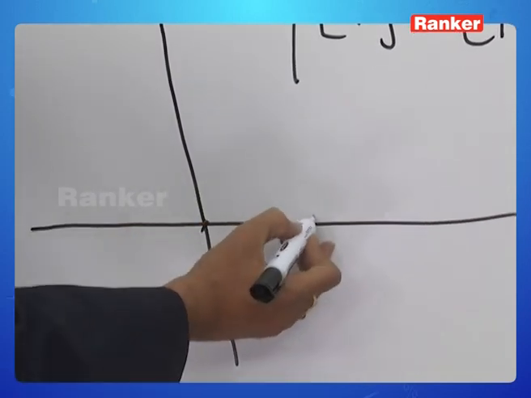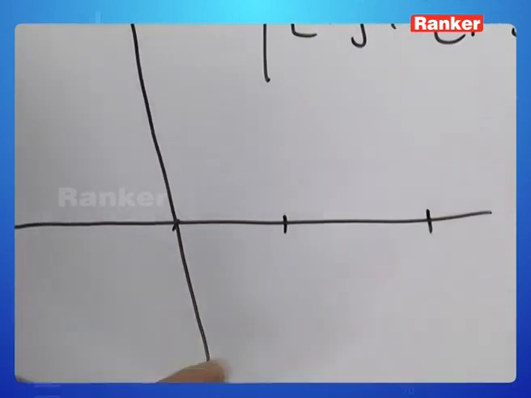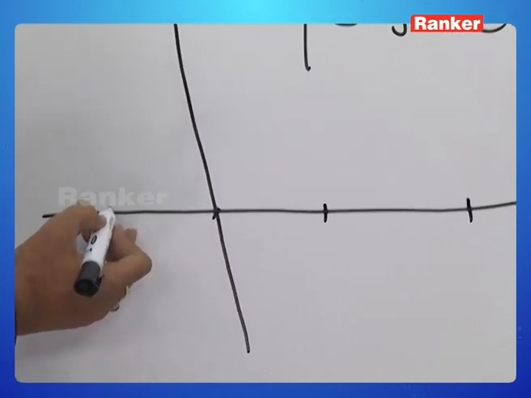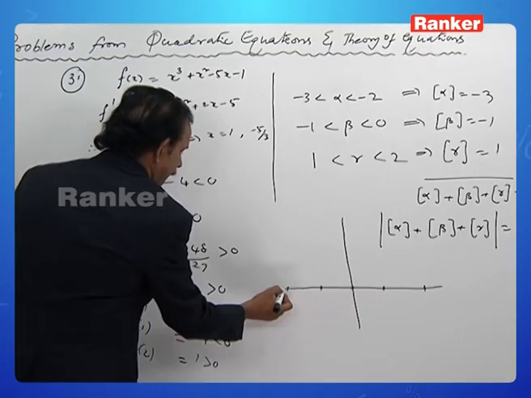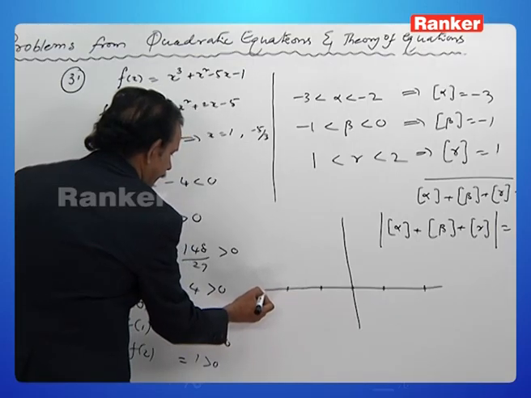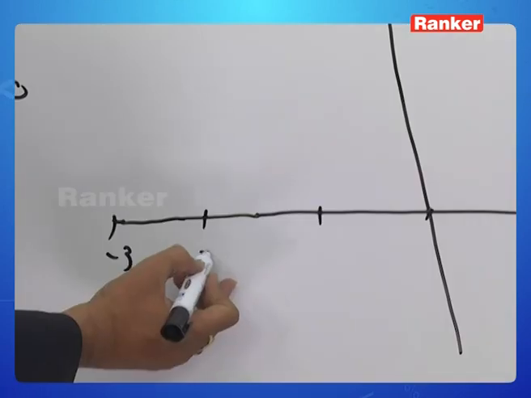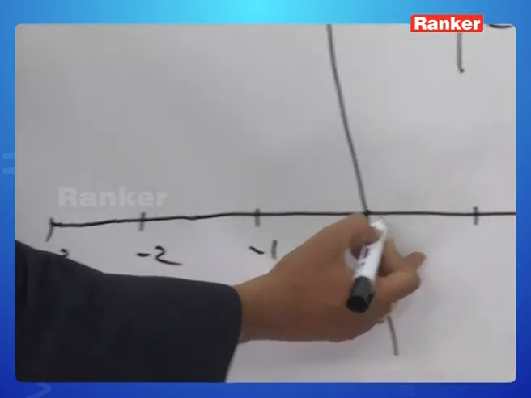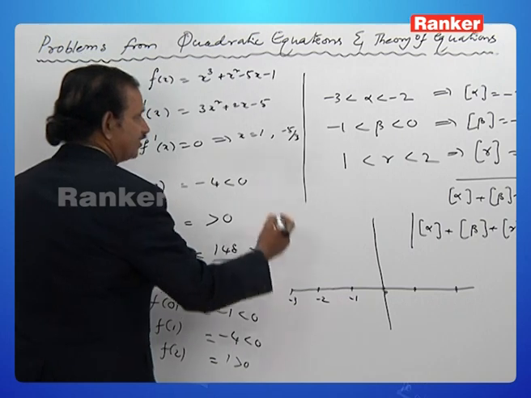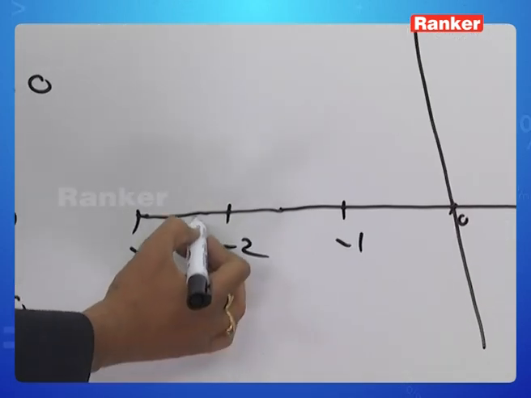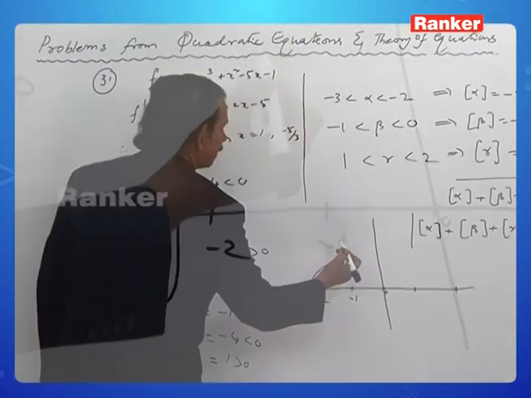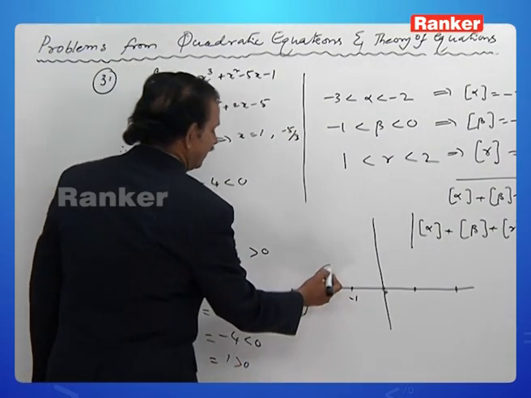0, 1, 2, minus 1, minus 3. One root lies between minus 3 and minus 2. Another root lies between minus 1 and 0.